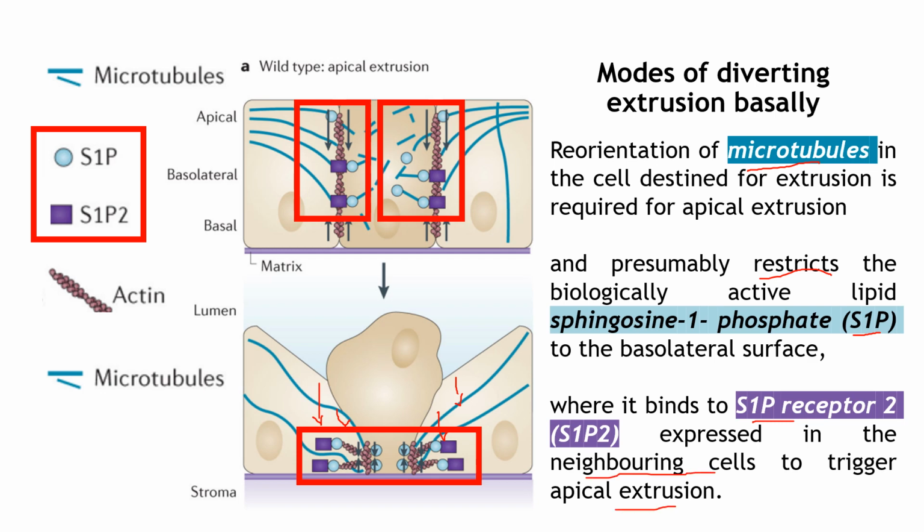So we already talked about the microtubule reorientation, then the move to the basolateral region of S1P and its receptor, and here again we are not only talking about the extruding cell, but about the tissue helping the cells to extrude.